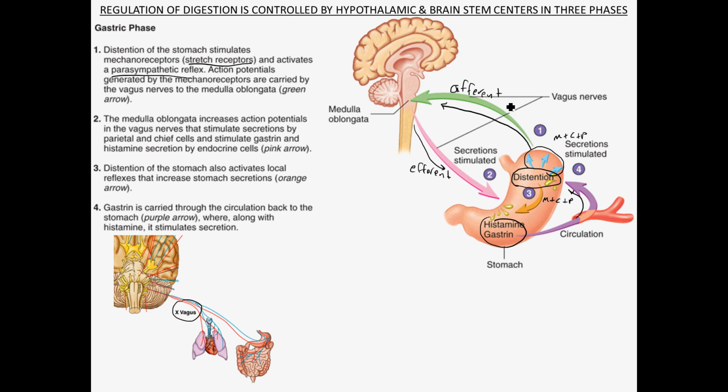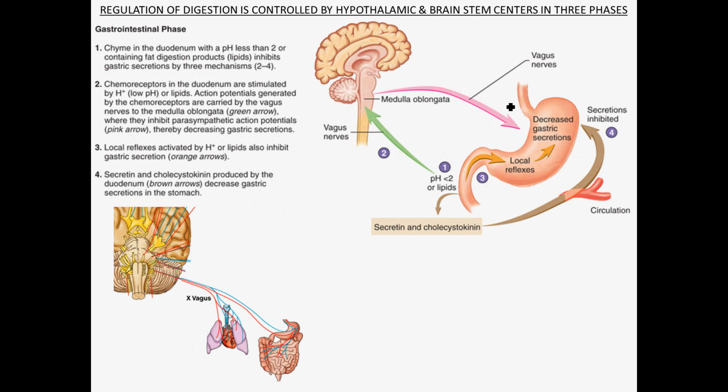The final phase here would be, all right, how does this all stop? How is this negatively regulated, or how is this down-regulated? And this has to do with acid chyme entering the duodenum down here. And so here we see, again, the stomach up here and the duodenum down here.